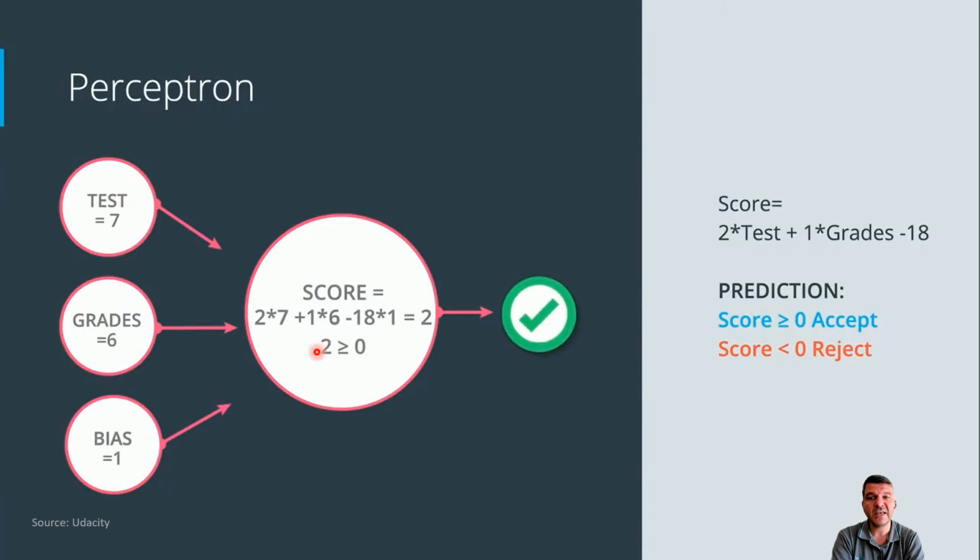Now all this gives us a result of 2. When the 2 is, yes, greater than or equal to 0, yes, so we are still looking at the same thing in different ways, right?